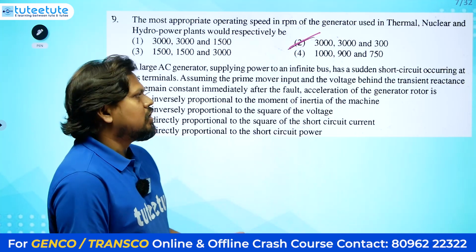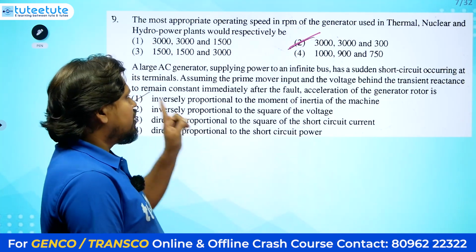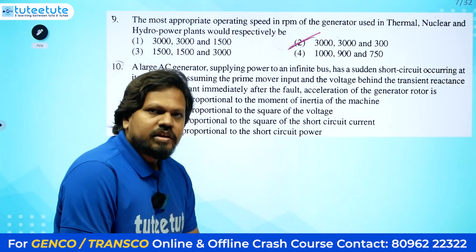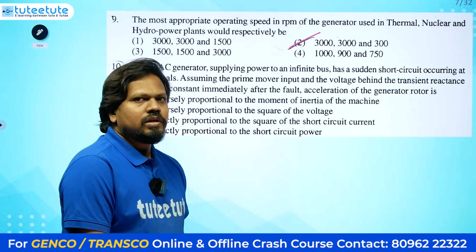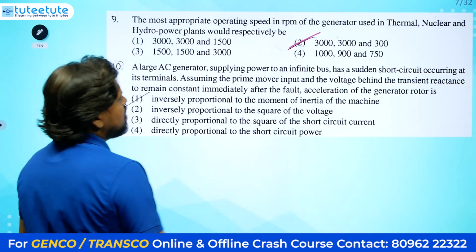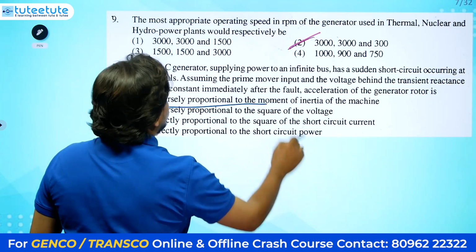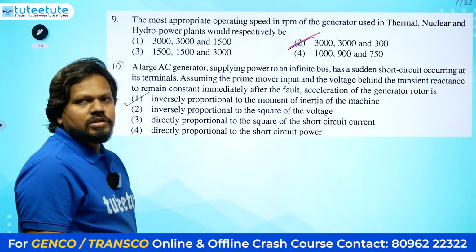Okay, so that means according to the load changes or according to the disturbances. If moment of inertia is less, then it will be easily disturbed. If the moment of inertia is high, then it will not be easily disturbed. Okay, so from that one you can understand it is inversely proportional to the moment of inertia of the machine. So directly this answer we have to give.